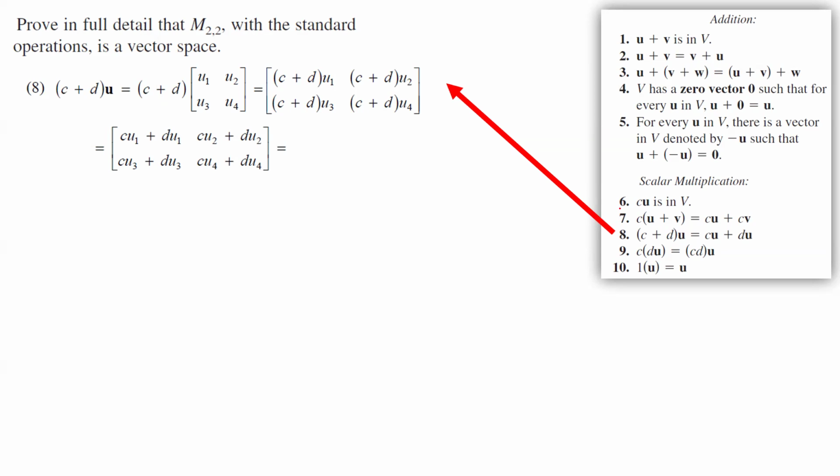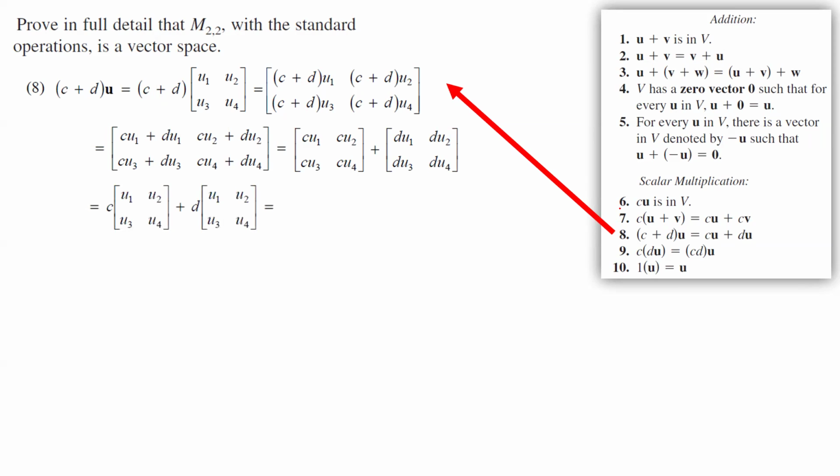Now you can separate these two matrices: the addition of CU1, CU2, CU3, CU4 plus DU1, DU2, DU3, DU4. Basically, you're using scalar multiplication: C times the first vector plus D times the same vector. So basically you have CU plus DU, which is axiom number 8.